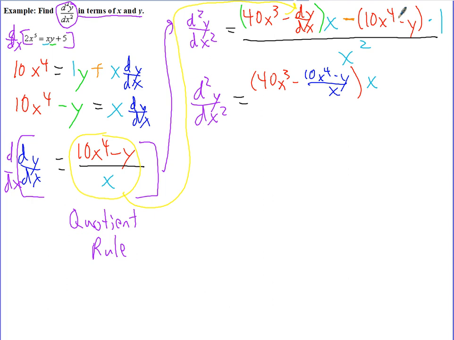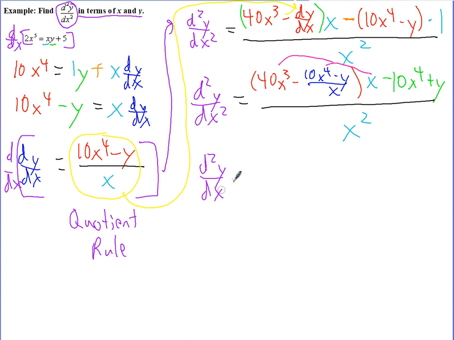And then to get rid of these parentheses, you can distribute out the negative. So that would be negative 10x to the fourth and positive y divided by x squared. And then you can just simplify it a little further by distributing this x times both of these. So our second derivative: well, x times 40x cubed is 40x to the fourth.